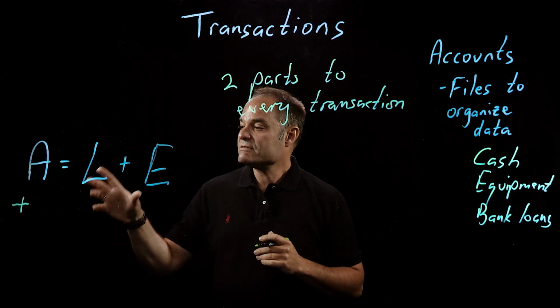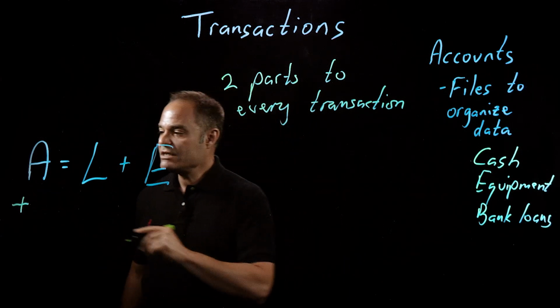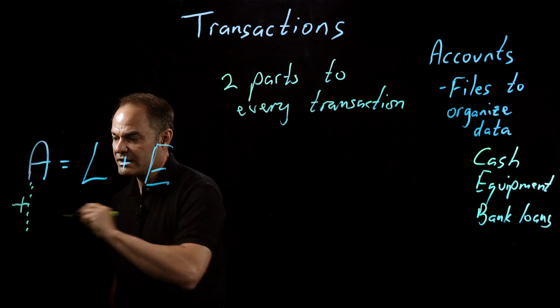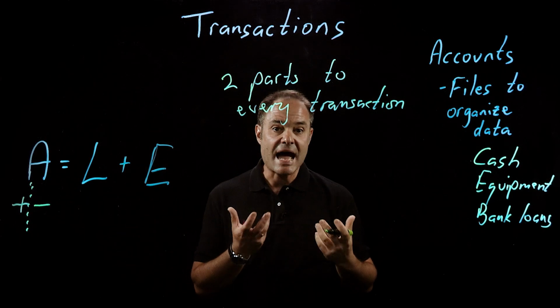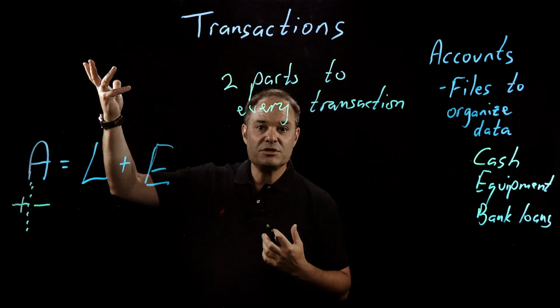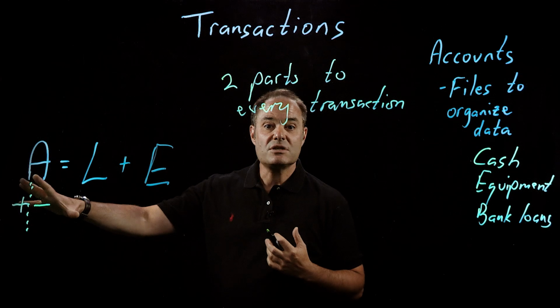So in order for it to remain in balance, one of a few things has to happen. If we have an increase in cash, and we'll just put a little dotted line here, we either have to have a corresponding decrease in another asset account. So one asset goes up by $20, another asset goes down by $20, nothing changes.